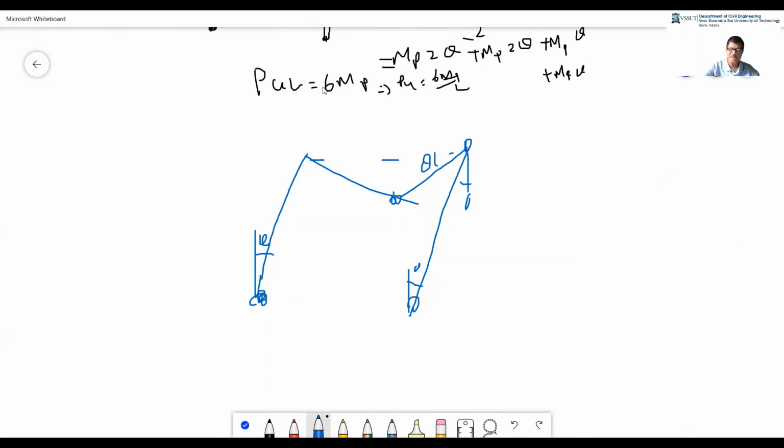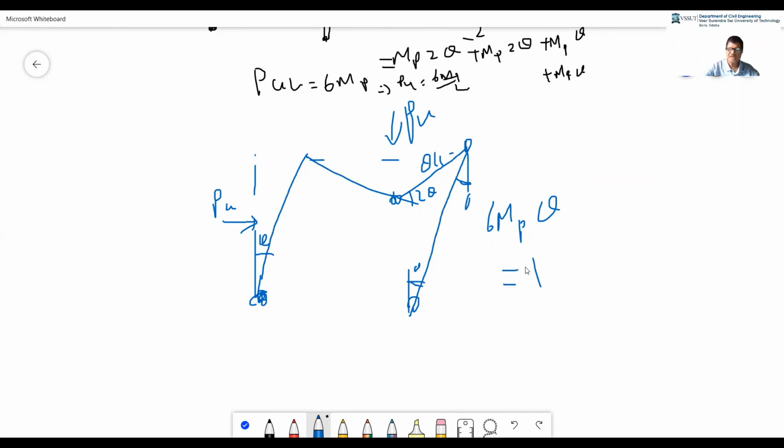Now you will get Pu here, and here also comes your Pu. This type of problem we have also done. So now Mp into theta, Mp into 2 theta, Mp into theta, Mp into theta, Mp into theta. So the total will come 6 Mp theta. 1, 2, 3, 4 plus 2.